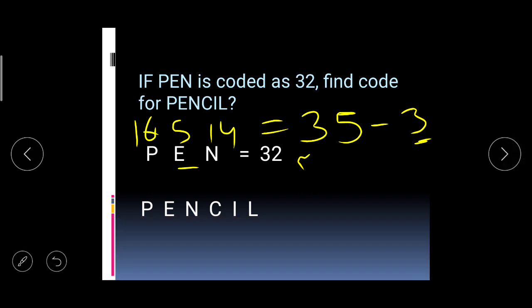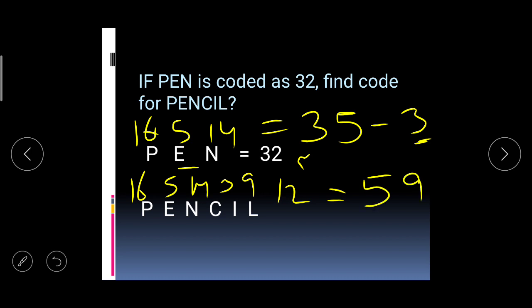So do the same thing with the word pencil. This is 16, this is 5, this is 14, this is 3, this is 9, and this is 12. Add it. How much are you getting? If you are good at addition, just add it. This is 59, right? I also get all this with lots of practice, so it's not that I'm good at it.